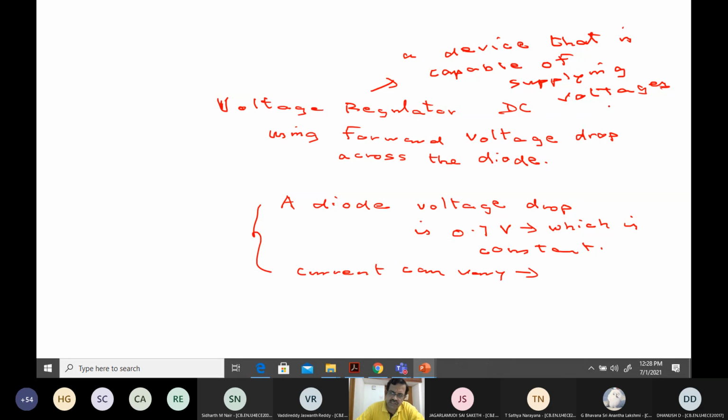Constant means definitely DC, right? The point that you must remember is how much constancy there is, or the degree of this regulation.